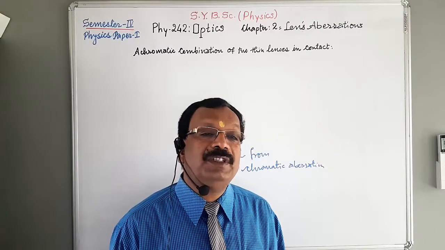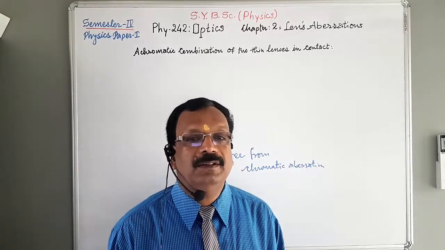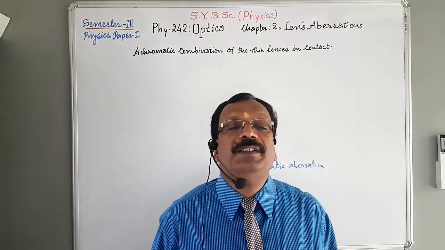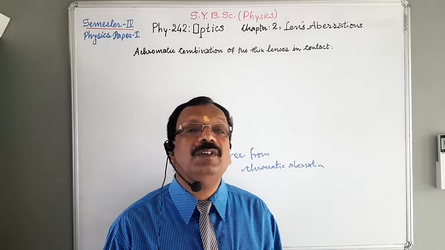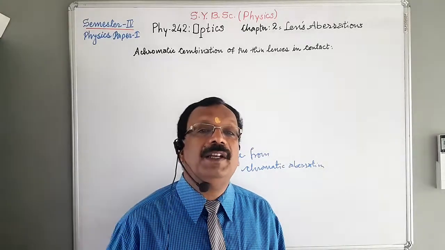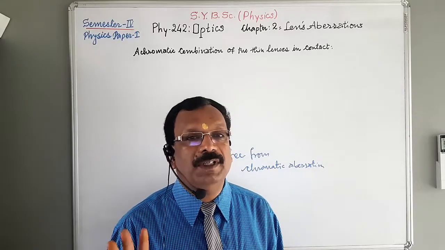Practically it is not possible to achieve ideal achromatism, but partial achromatism can be achieved by eliminating either the longitudinal or lateral aberration for one distance of the object only.